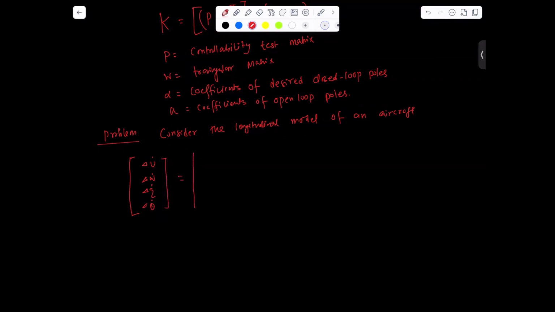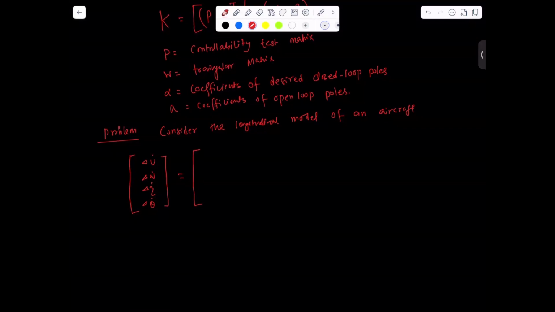And the stability derivatives, which form the A matrix: minus 0.01, 0.1, 0, minus 32.2, minus 0.4, minus 0.8, 180, 0, 0, minus 0.003, minus 0.5, 0, 0, 0, 1, 0.